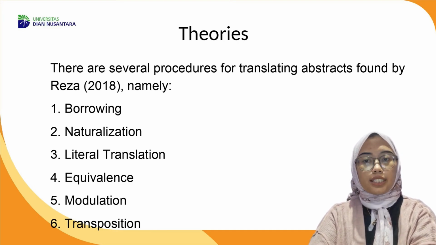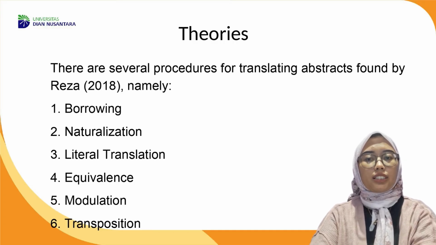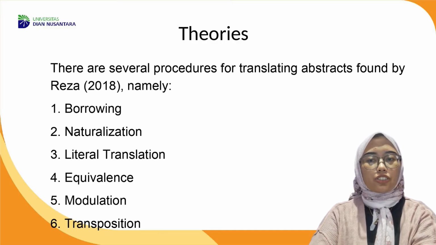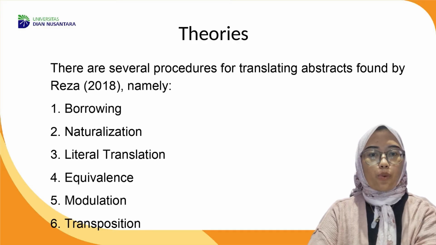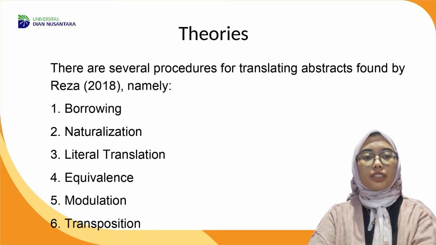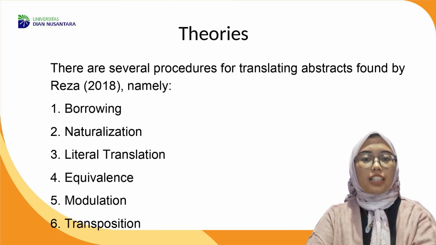And the fifth is modulation. Modulation involves changing the point of view, focus, or cognitive category in translation. The last is transposition. This procedure changes the grammatical structure from the source language to the target language. Well, there are the six procedures of translating abstracts found by Reza in 2018. Let's go to the next slide.